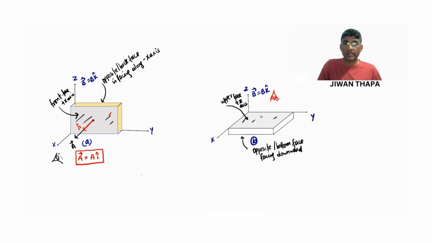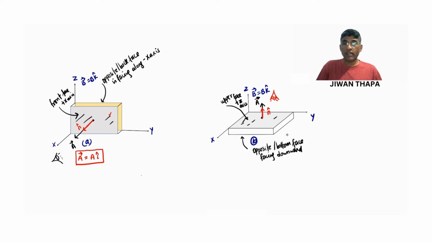It means that the area vector of this upper face is acting along the positive z-axis. It means that the unit normal acting on the upper face is directed toward the positive z-axis.